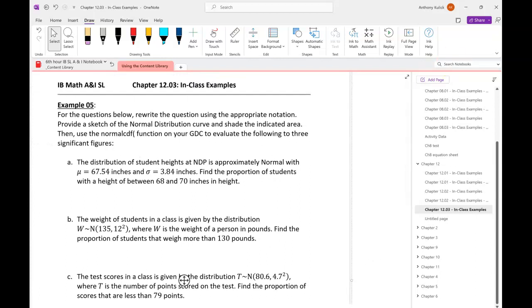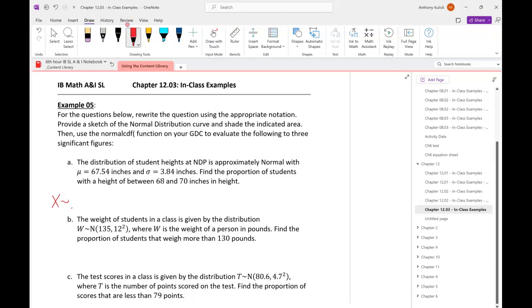All right, question 5 is the same kind of idea, except instead of giving you a standard normal distribution, you have just a normal distribution, but that's not a big deal.